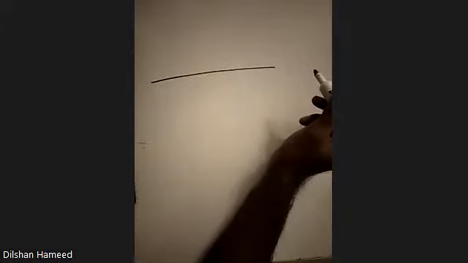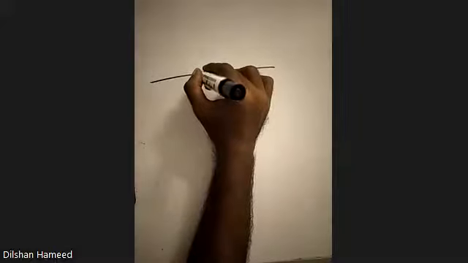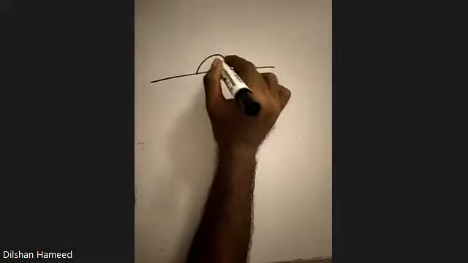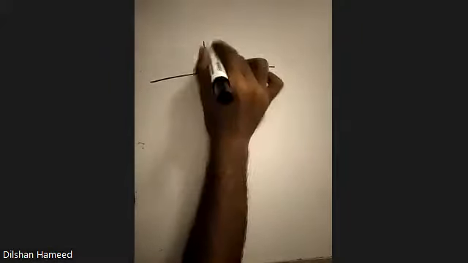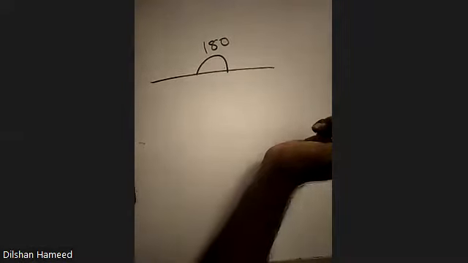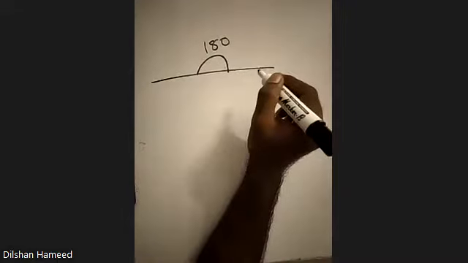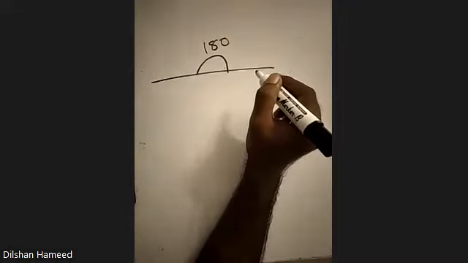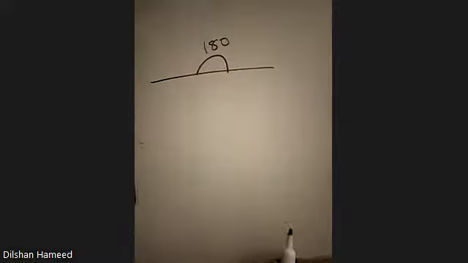So a straight line also has an angle. If you take a straight line, what is the angle? It is 180 degrees. A straight angle is 180 degrees, right?